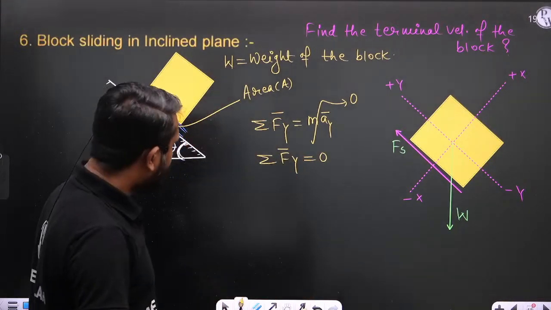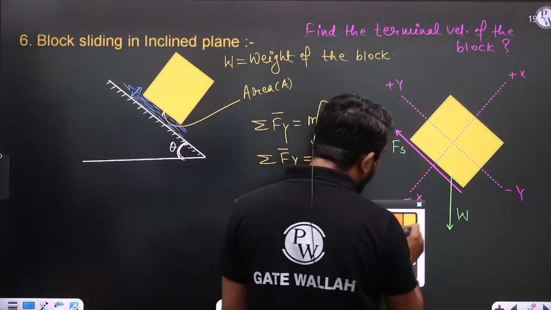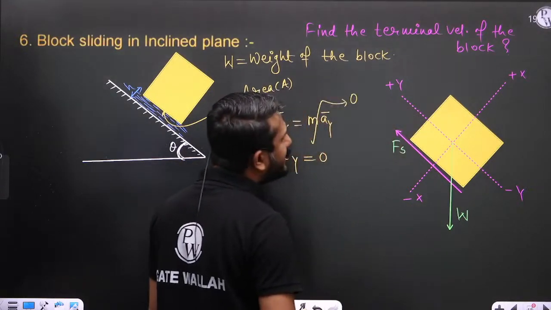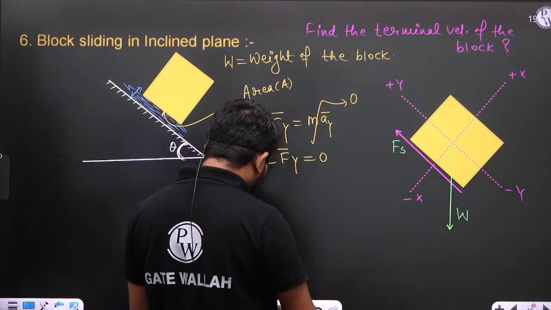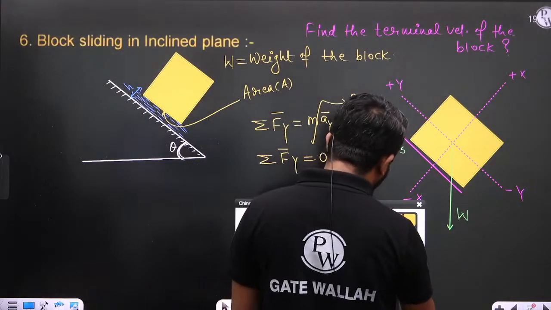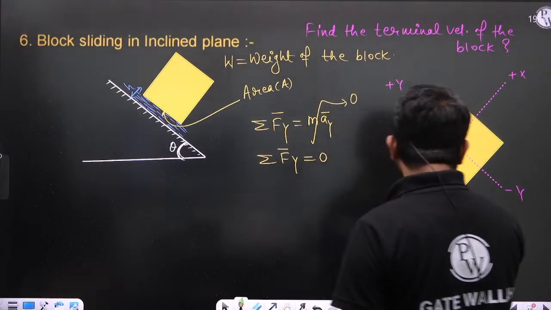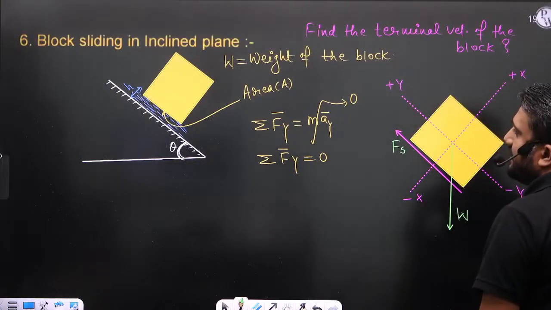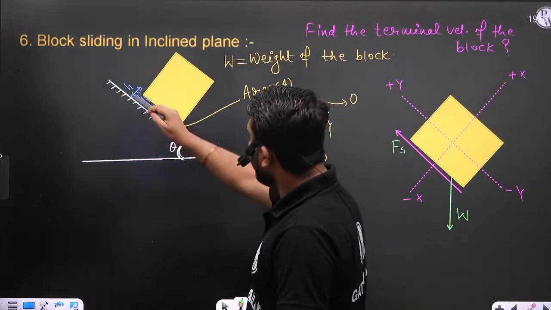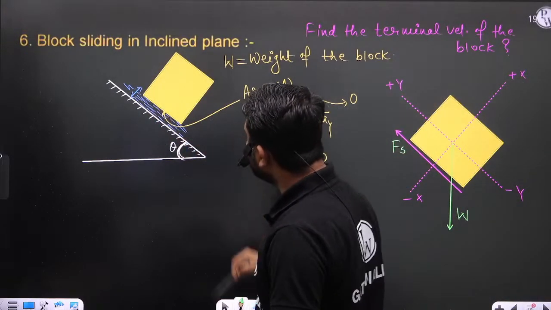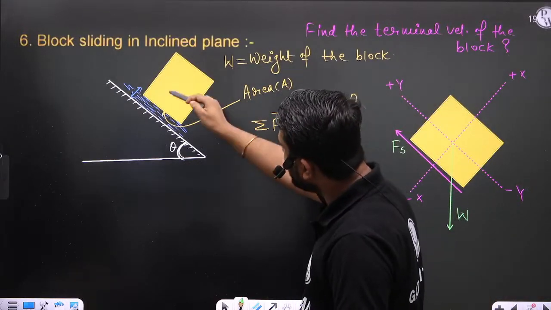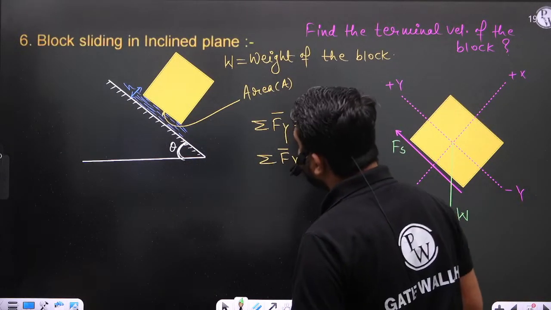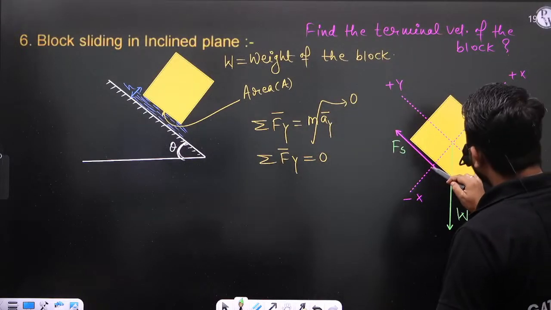Now resolve this W in the x and y directions. So if you resolve this W, better first find out the angle theta. The angle between these two planes is theta, so the angle between the perpendiculars of these planes is also theta.